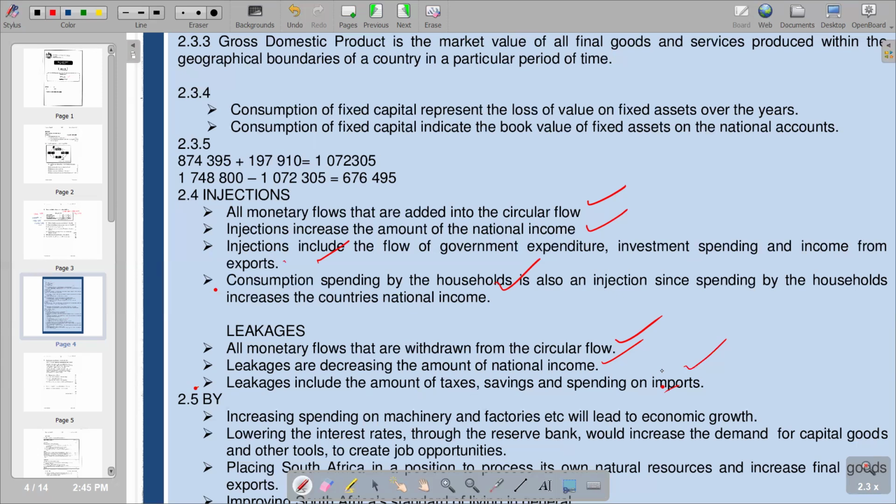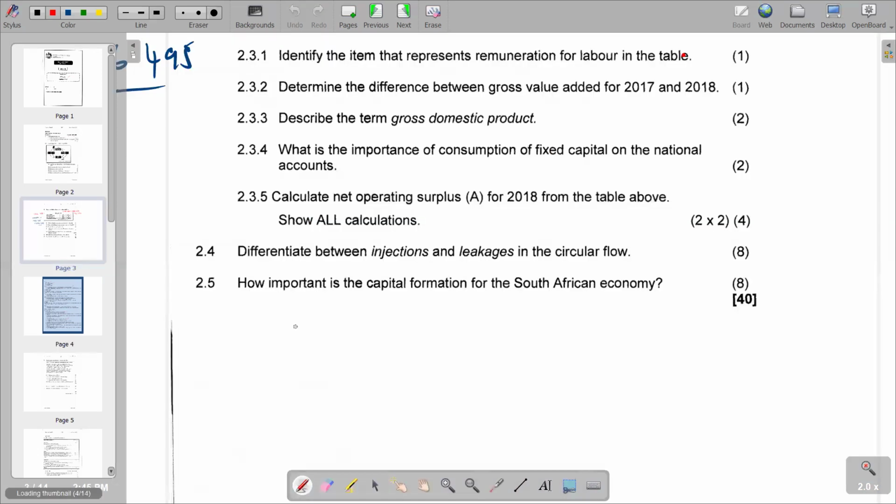Then moving on to the next question, which is now our question 2.5. It is saying how important is capital formation for the South African economy. So we are going to raise different points on the importance of capital formation for the South African economy. Capital formation basically refers to capital accumulation.